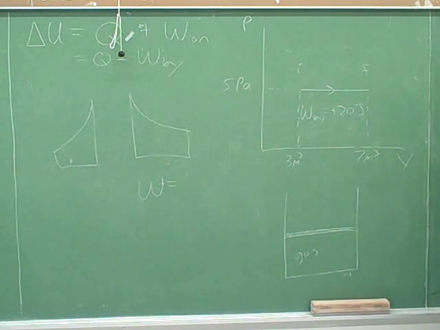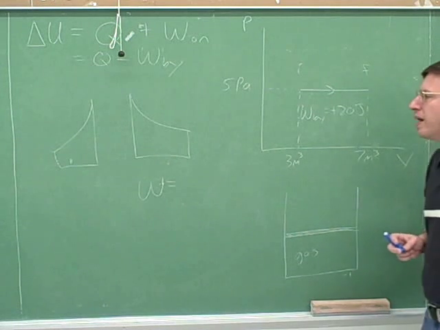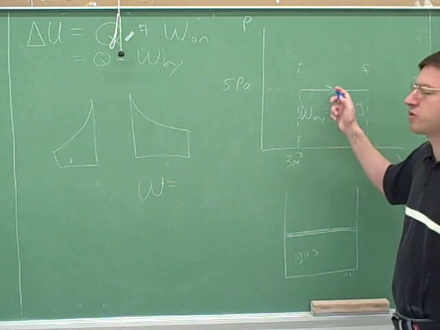So we've been saying that the work is the area under the PV curve, but a very simple case is when the PV curve is horizontal.